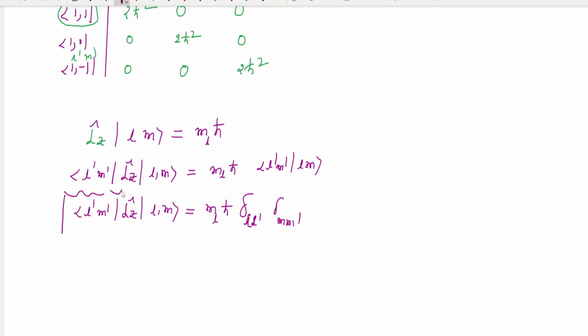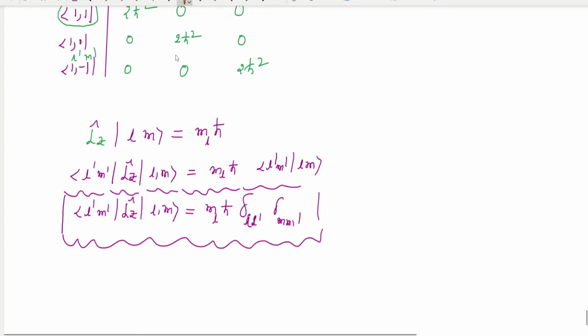Then we can check. Remember, each and every time I told you one key point here. First, we need to check this factor. If it goes to normalization, which means 1, here L is equal to 1, same state, then we can get this Kronecker delta function as 1.